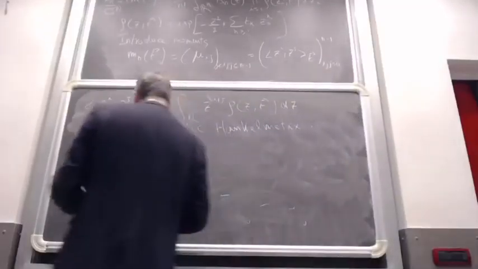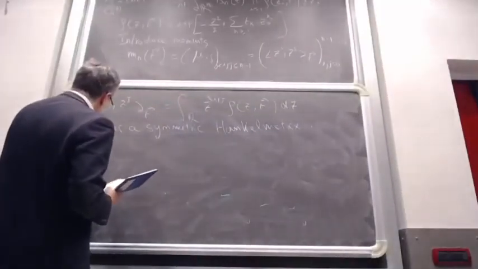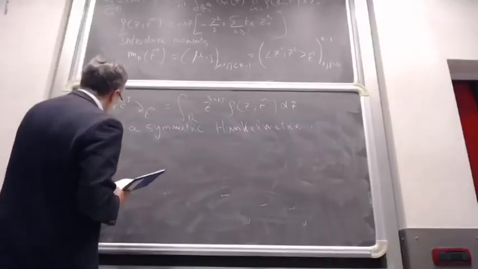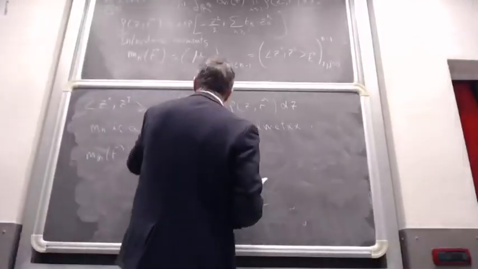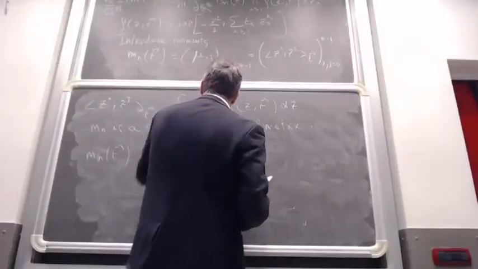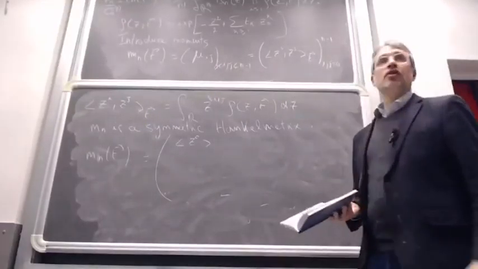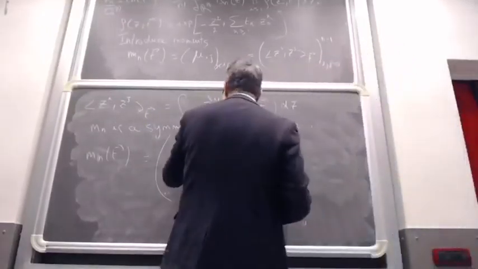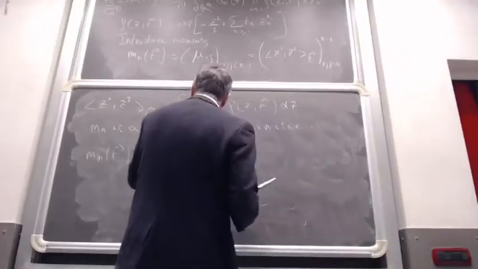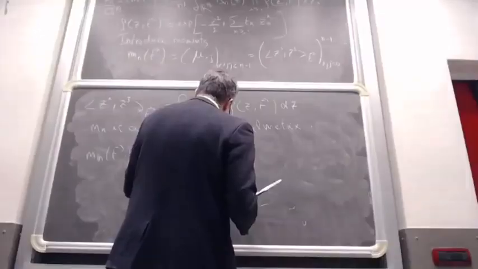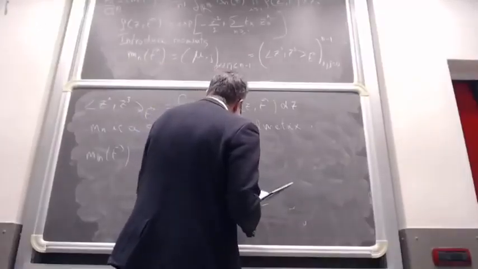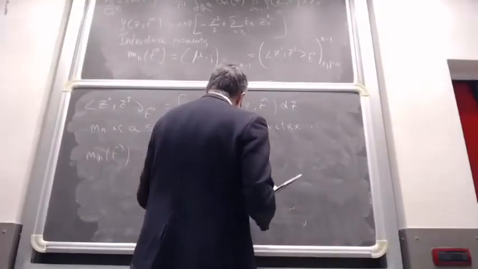Okay, so because Mn of t is essentially of this form: the expectation value of z to the power 0 with respect to t, then the expectation value of z, then the expectation value of z squared, and so on.